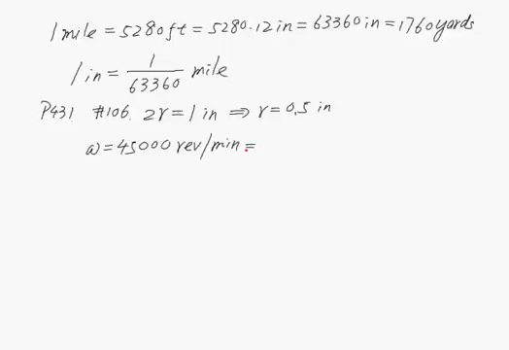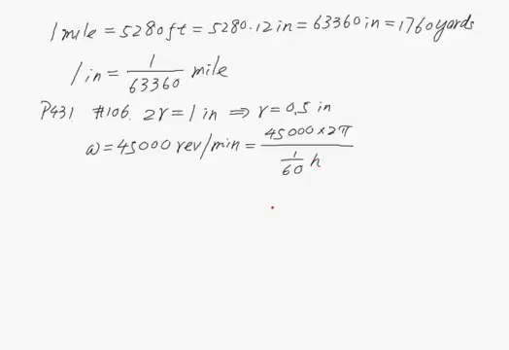And we know 1 revolution is just 2 pi, right? So let me replace this revolution by 2 pi. So you have 45,000 times 2 pi. And 1 minute is equal to 1/60 hour. So let's replace this 1 minute by 1/60 hour.